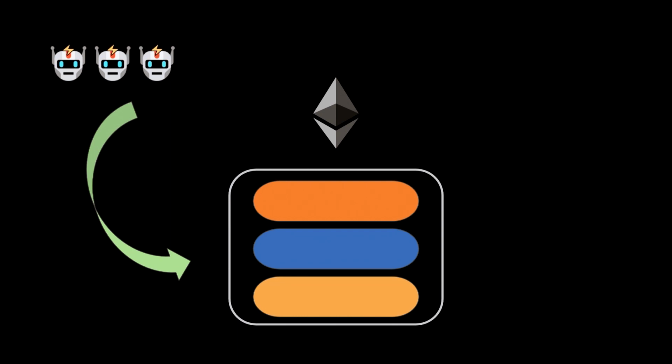You have some MEV searchers, represented by these Flashbots icons, sending transactions into it, and then 12 seconds pass, and guess what? They lost some money on Coinbase or something. They have no idea, and they find out when they're on chain. During this 12 seconds, this is kind of what they feel. 12 seconds is an eternity to trade in, so you just can't afford that kind of ambiguity.